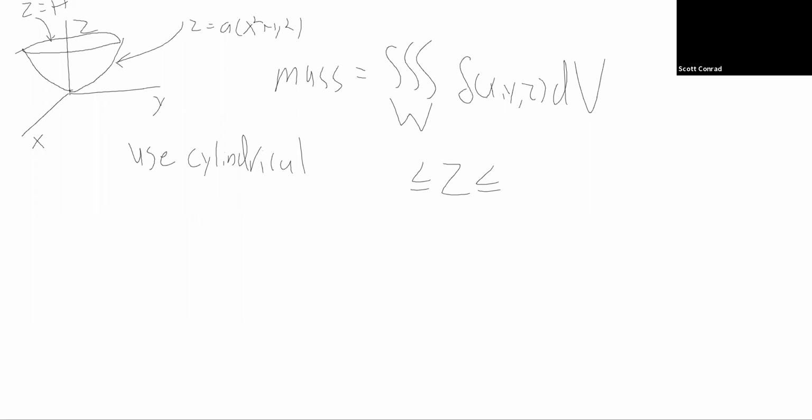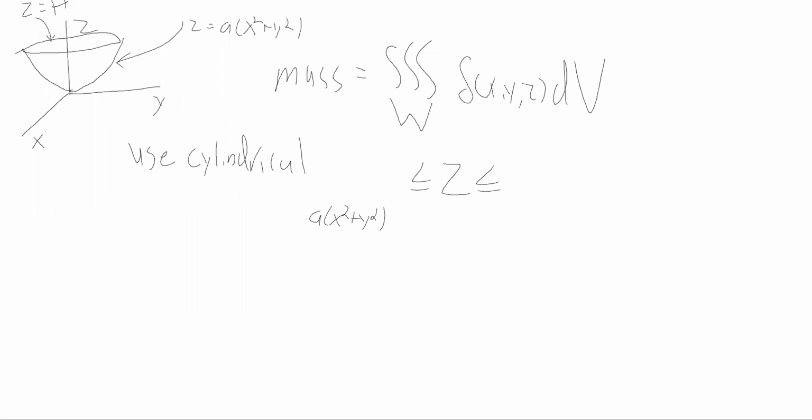But we're in cylindrical coordinates, so we need to change that to something involving r and theta. What is a times x squared plus y squared in cylindrical? Right, it's a times r squared.